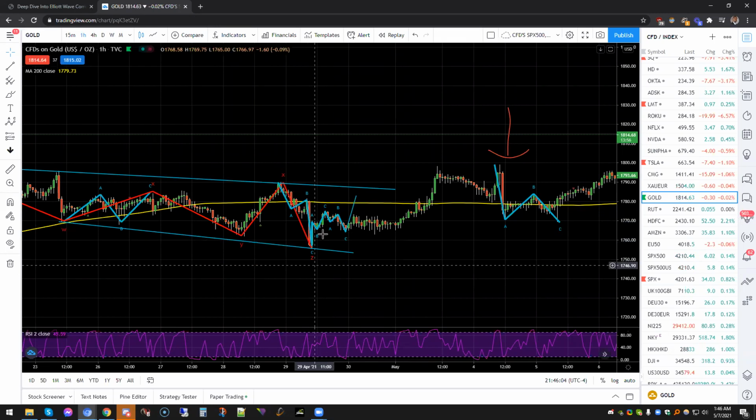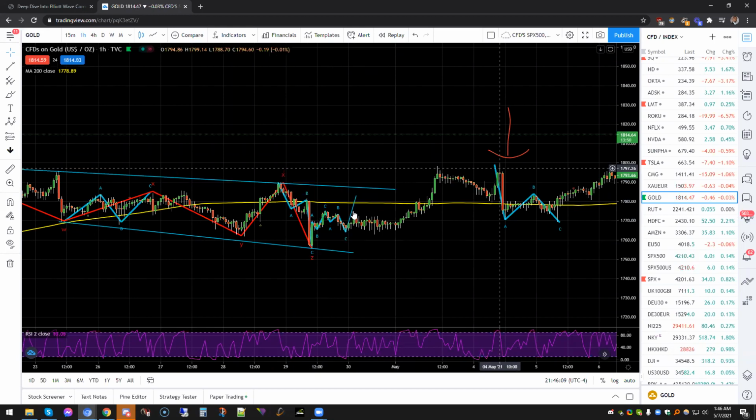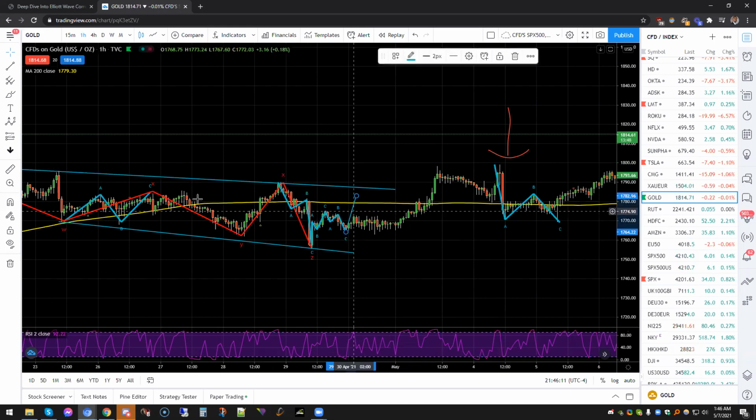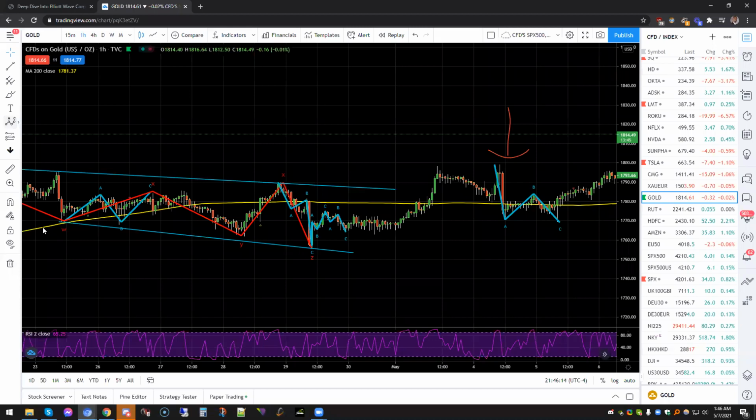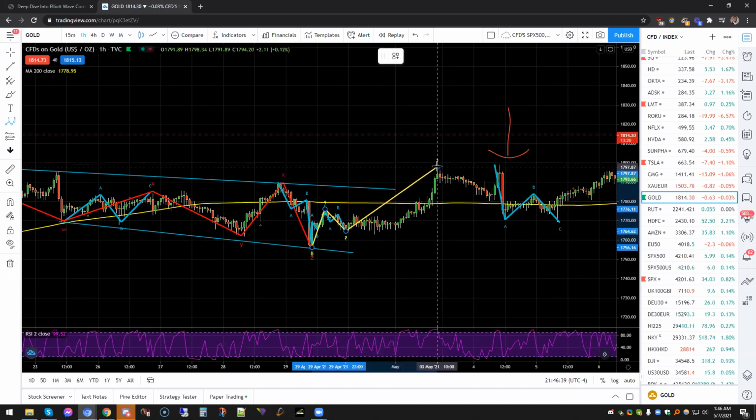What I said before that, I probably was telling you guys that this was a 5 wave move. Let me just erase some of this for you so that you can see why I refer to this as a 5 wave move. This is wave one, and it's constructed as 1, 2, 3. So because wave one is 3 waves, this is automatically a corrective move to the upside. Okay, so we have 1, 2, 3. That's wave two. And then we got 1, 2, 3, 4, 5. Wave three.